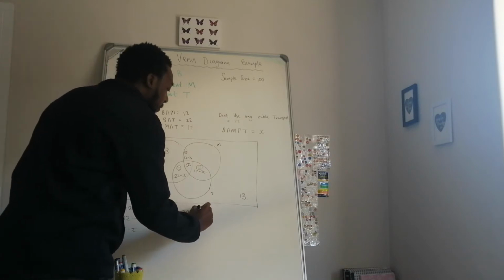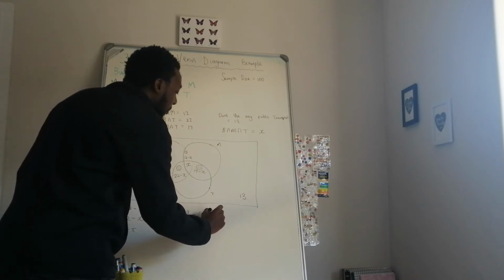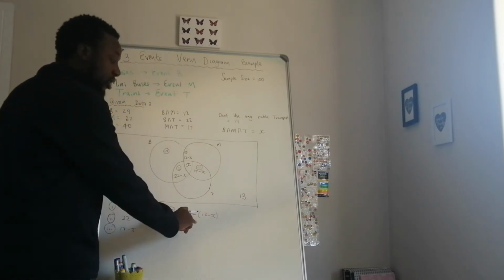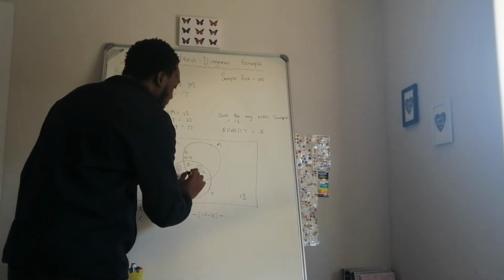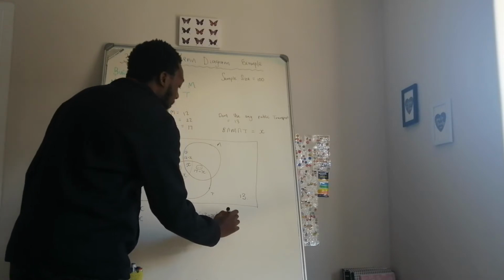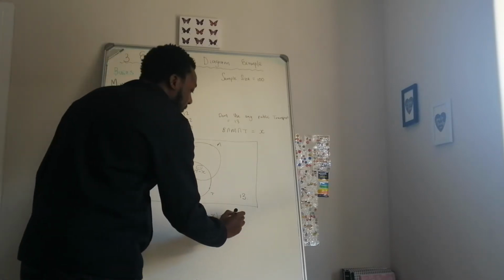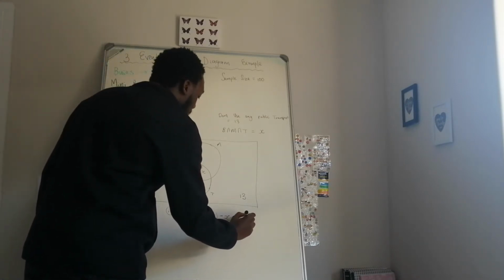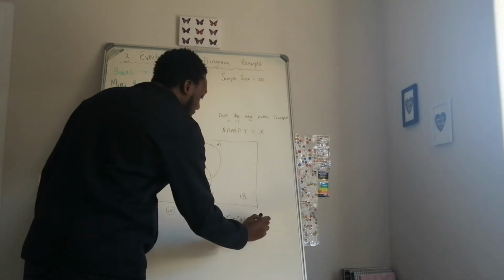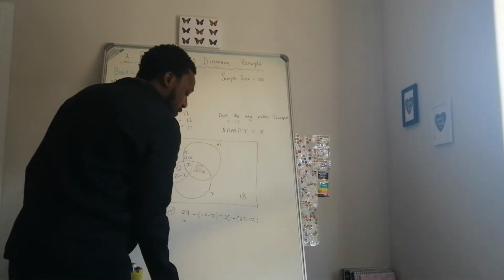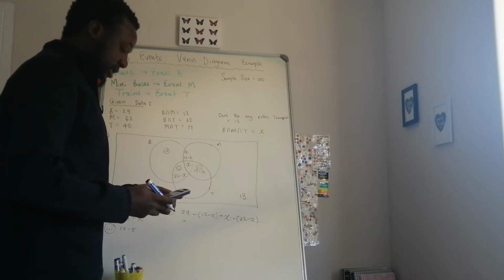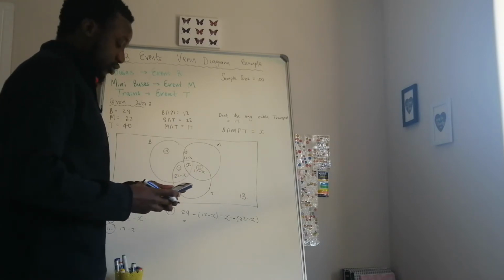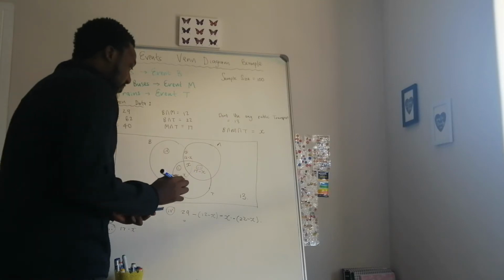minus 12 minus X, put it in brackets like that, minus the X, minus this, the 22 minus X. And so what does this equal to? 29 minus 12 minus 22 gives us minus 5.